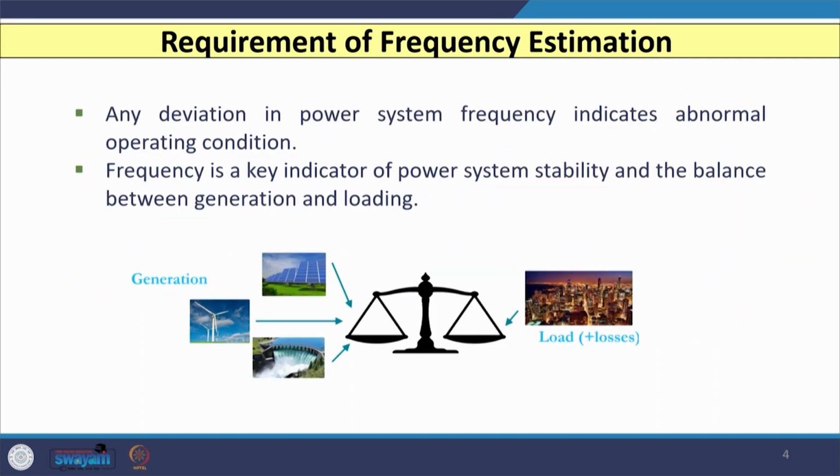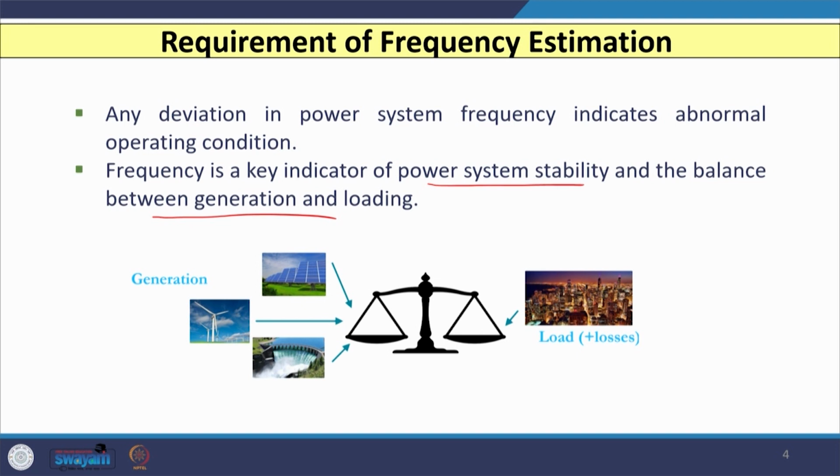Now, as we have discussed, any deviation in system frequency is going to indicate an abnormal operating condition. So, frequency is very important and it is a key indicator for stability of the system, and it is also equally important for the balance between generation and loading.